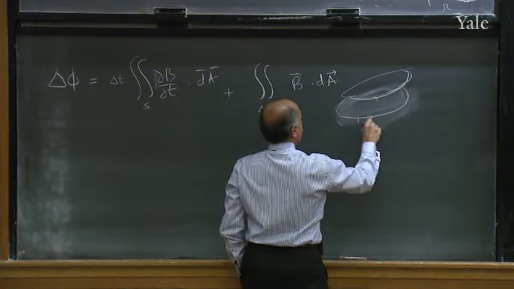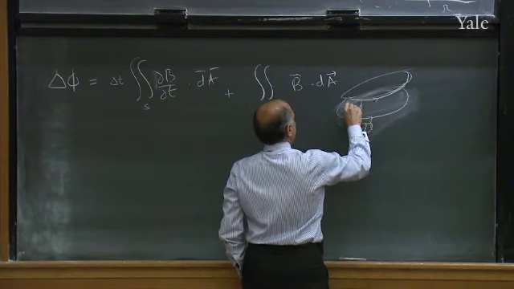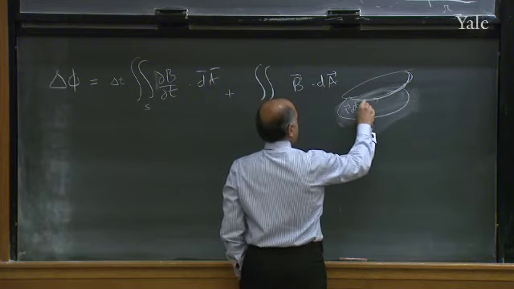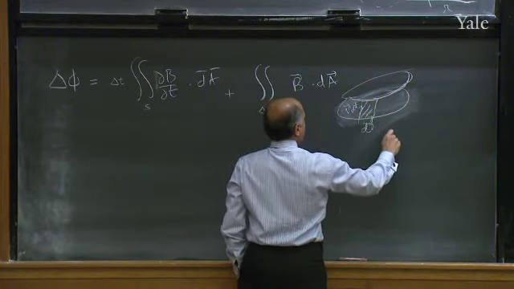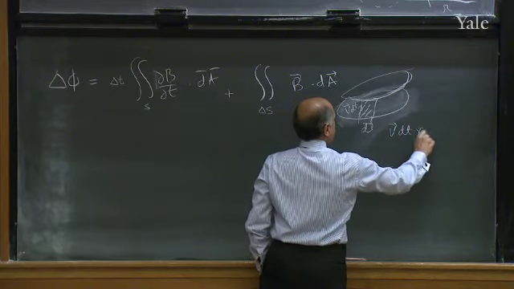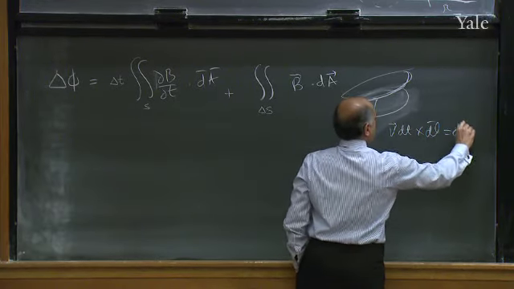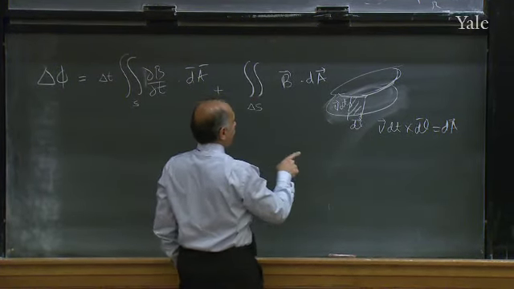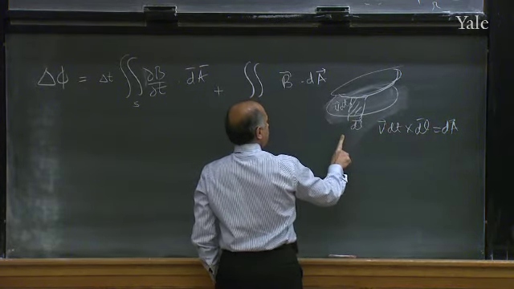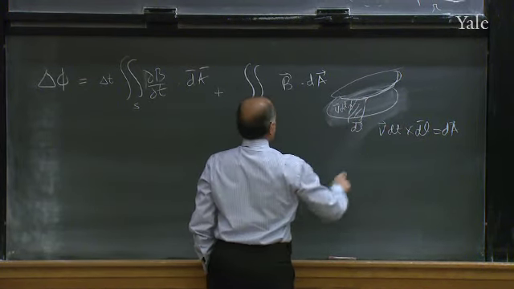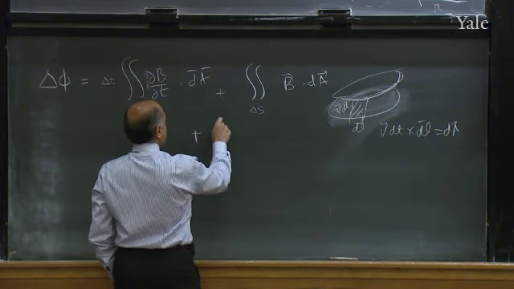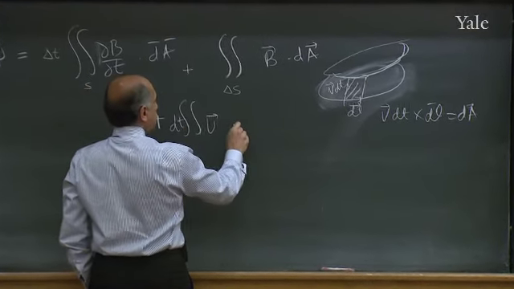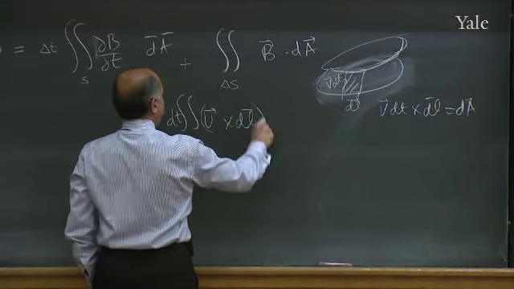This is my segment of the loop, and that's the distance v delta t. So the area vector associated with this section is just v delta t cross dl. That is the surface area. Do you see that? A parallelogram formed with the loop size dl here and the distance traveled in dt. Area of that is just a cross product. So this is equal to, I'm going to pull the delta t outside, v cross dl dot B.